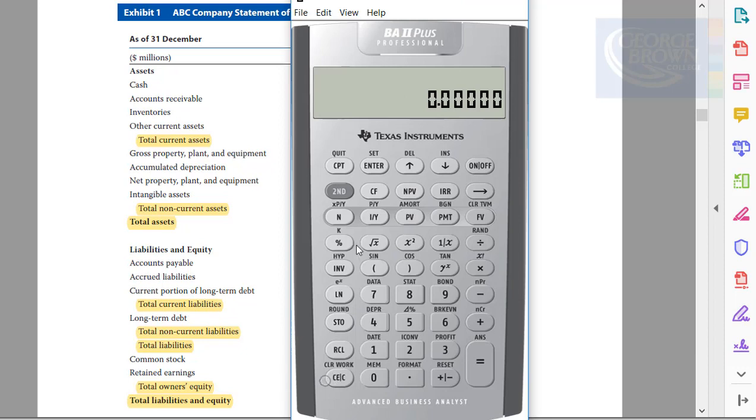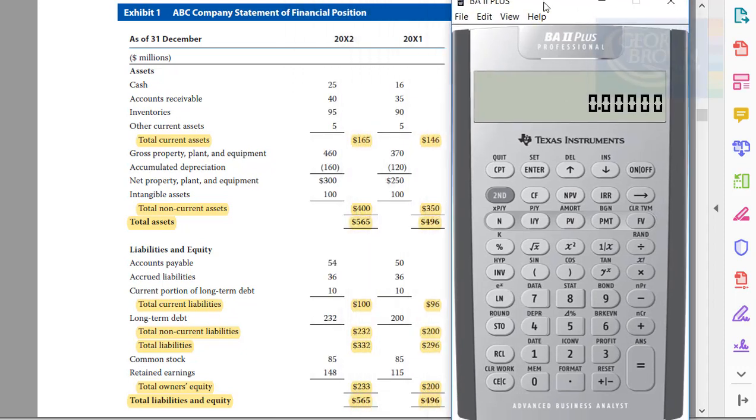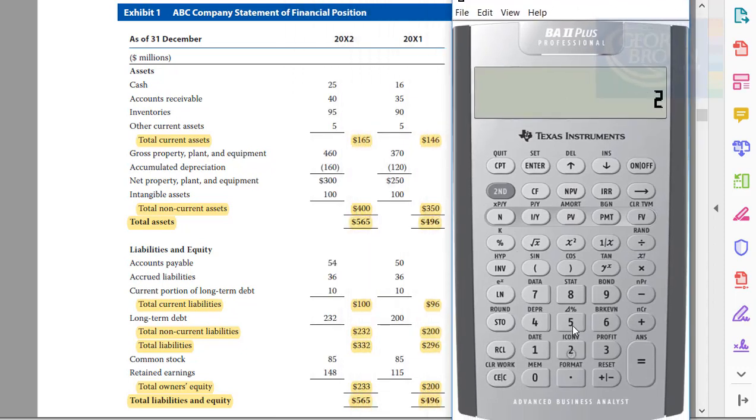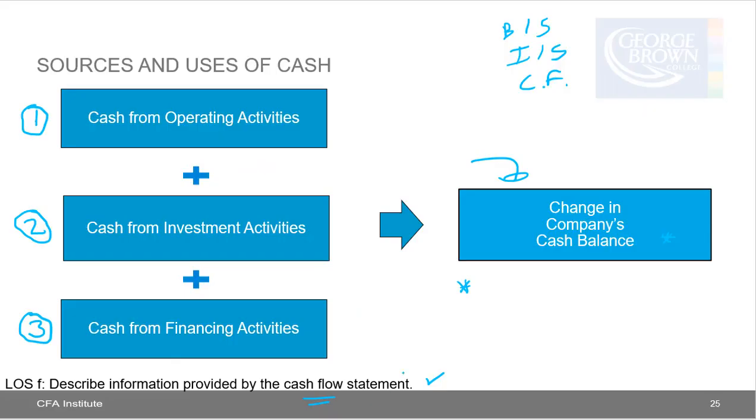You don't even really have to bring up the calculator. 25 minus 16, the cash grew on the balance sheet by $9 million. But we want further explanation of how that increase of $9 million happened, and where do we get that information? We get it from the cash flow statement, which gives us the sources and uses of cash, and it categorizes it into three different categories.